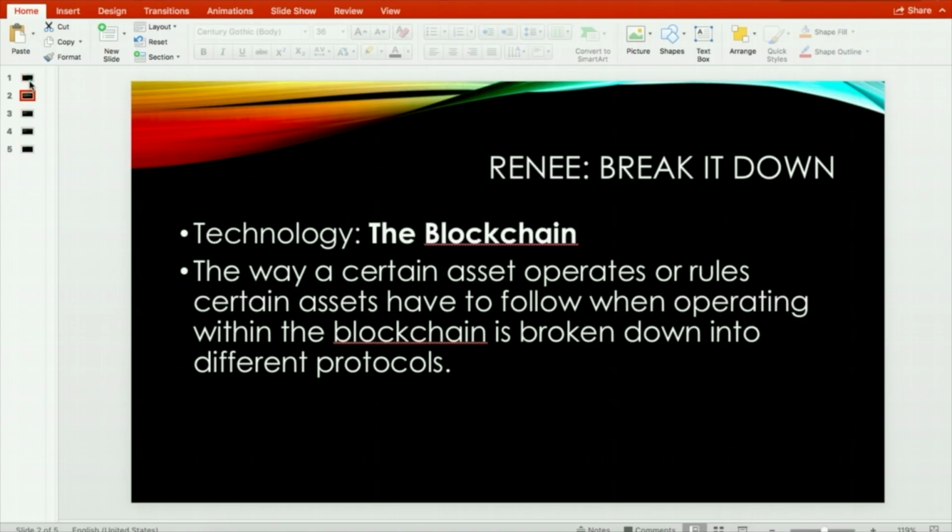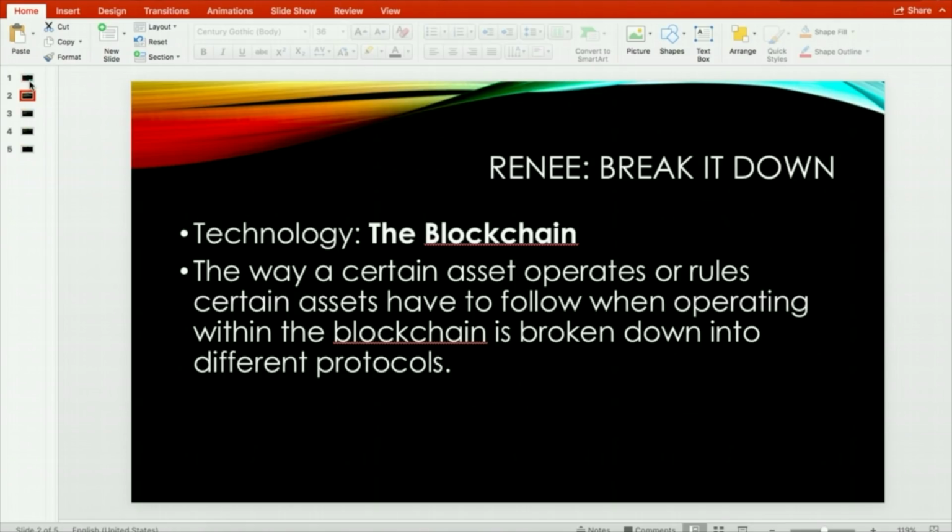So you have an Ethereum protocol, you have a Bitcoin protocol, you even have a Neo protocol, right? These are just basically rules that nodes within that protocol have to follow, right?